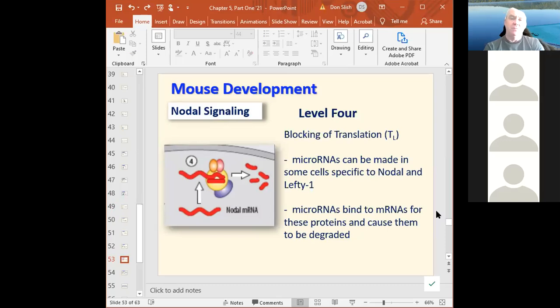So if it's to repress production of nodal, a cell could upregulate the microRNA that's complementary to nodal itself. So let's look a little closer at how that works.